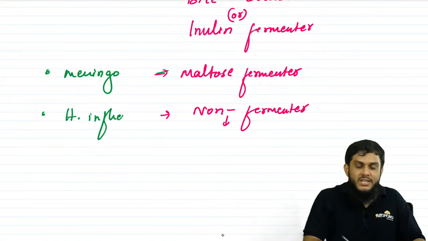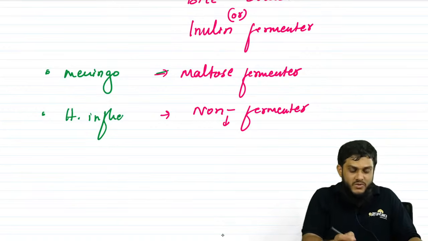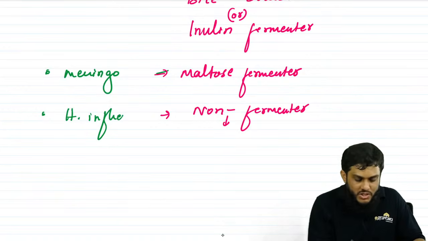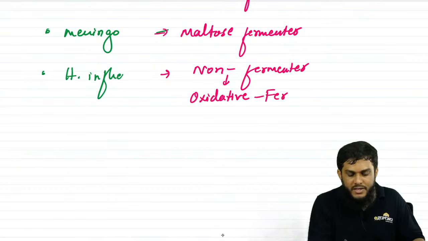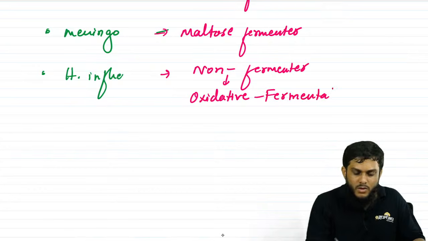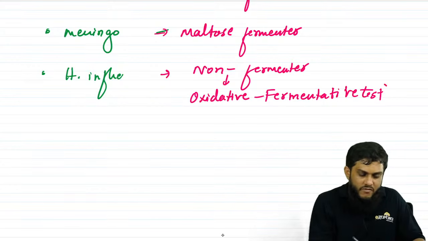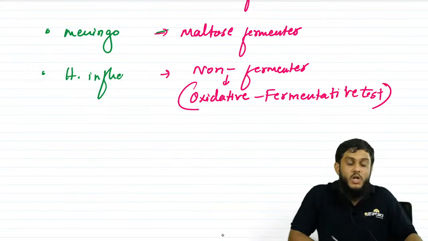This property is detected by a test known as the OF test, or oxidative fermentative test. Based on this test, we can say whether the organism is a fermenter or non-fermenter.